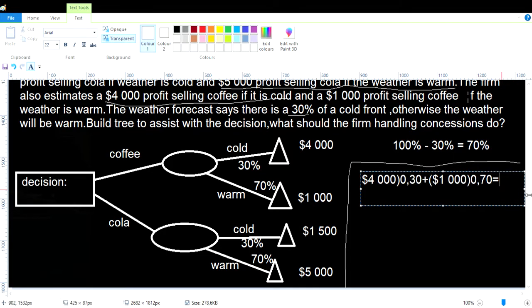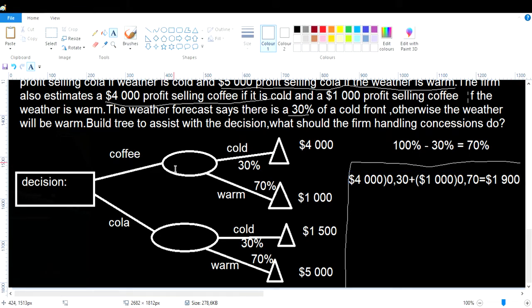Here I'm just going to use a calculator very quickly. 4,000 times 0.3 plus 1,000 times 0.70, answer is equal to 1,900.